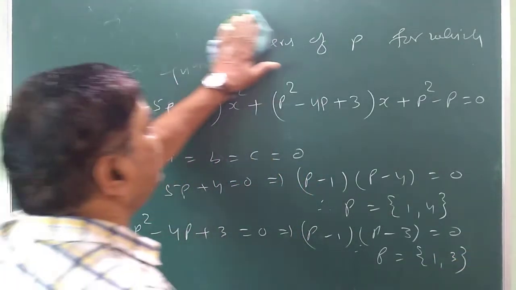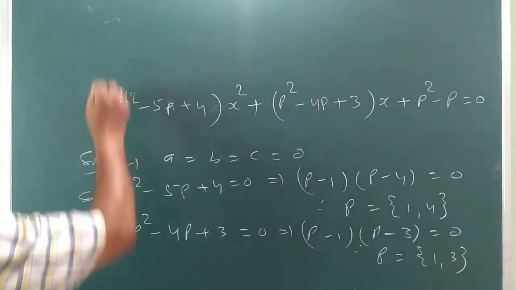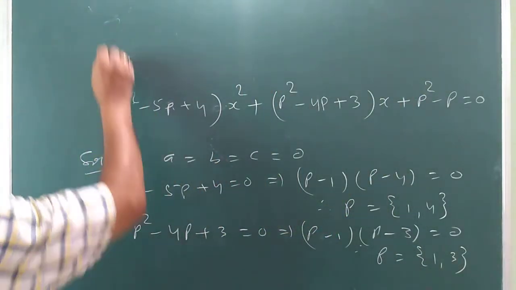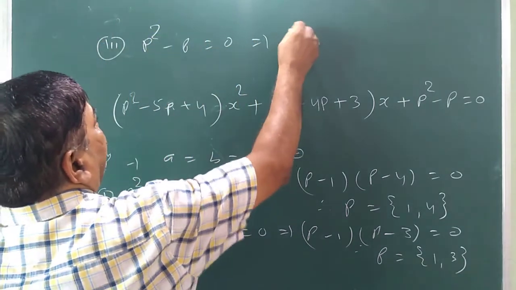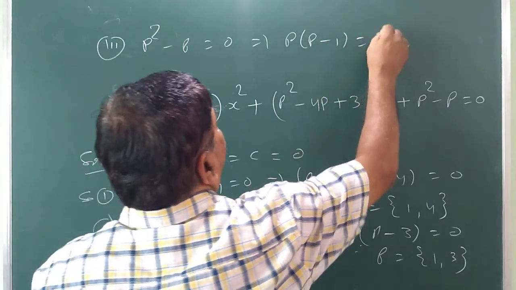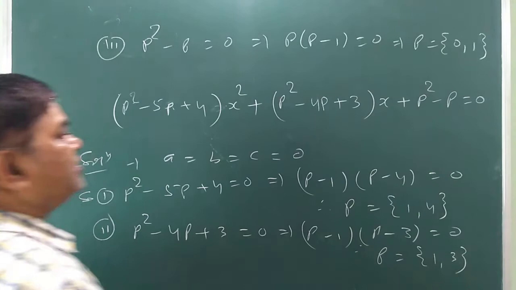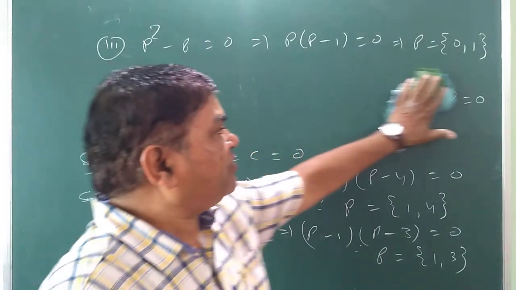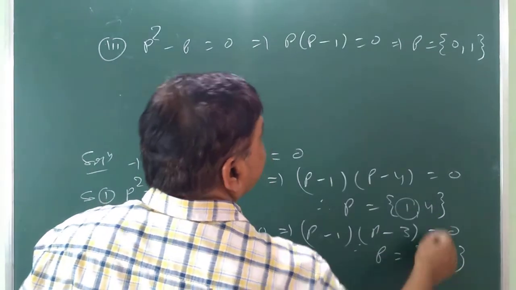And number 3, that is this one. This is 1, this is 2, this is 3. This is p square minus p is equal to 0. So p into p minus 1 is equal to 0. So p has again two roots, 0 and 1. So what is the common root? The common root is 1.